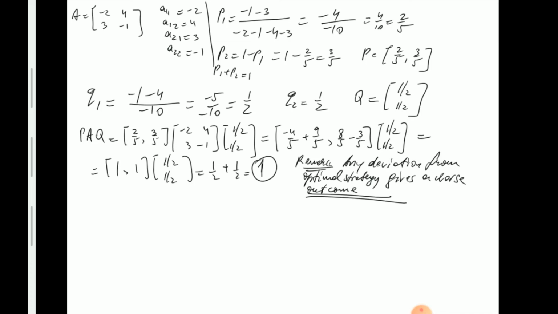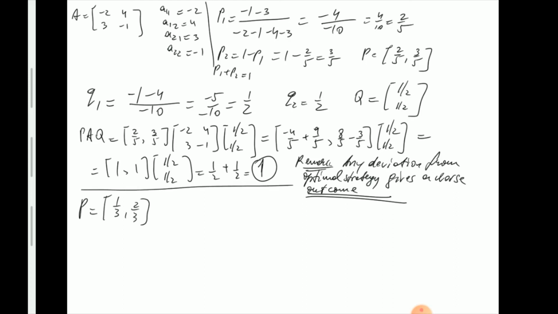So let's change a little bit. Let's say player 1, I'm sorry, will use the strategy 1/3, 2/3, which is not optimal.